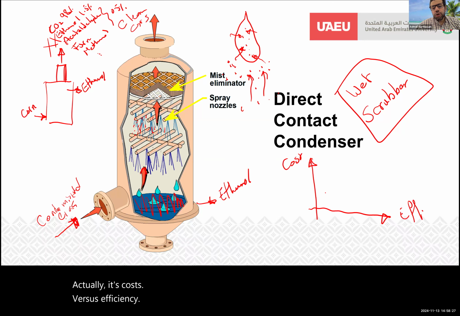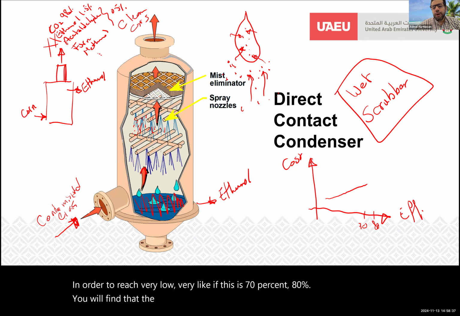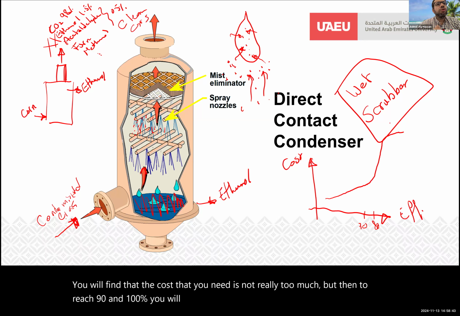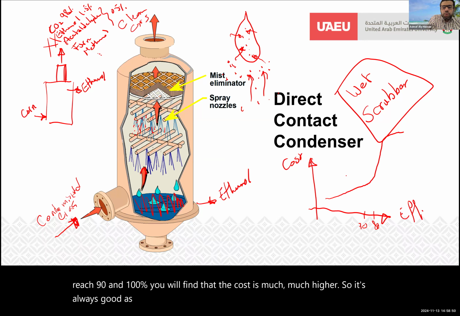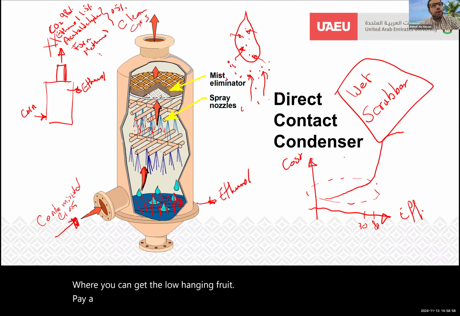In order to reach very low, like if this is 70%, 80%, you will find that the cost that you need is not really too much. But then to reach 90 and 100%, you will find that the cost is much, much higher. So it's always good as an engineer to be in this range where you can get the low-hanging fruit, pay a little money and get really high impact. You don't go there unless you really have to.